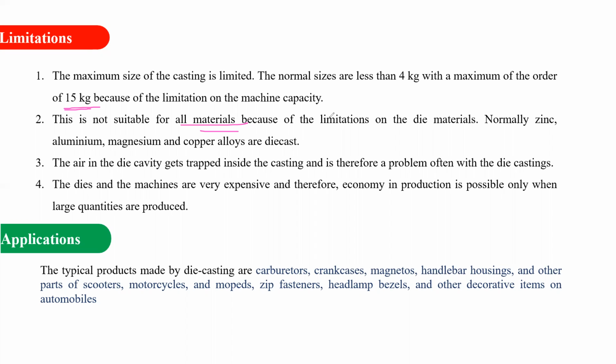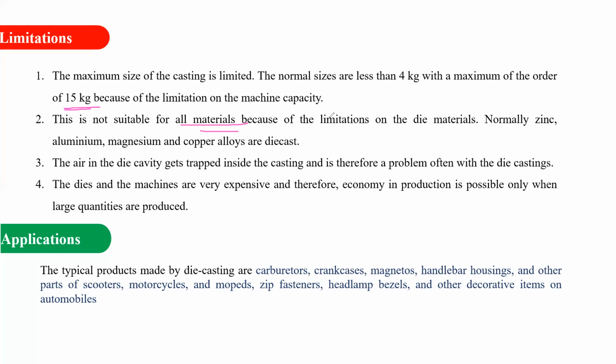Normally zinc, aluminum, magnesium, and copper alloys are die cast. The air in the die cavity gets trapped, so that is why vent holes are provided here. Air is a big problem because both the dies are completely closed and there is no space along the parting line.